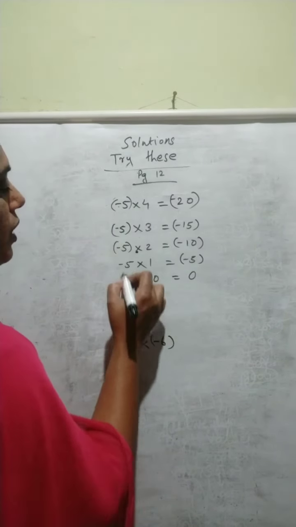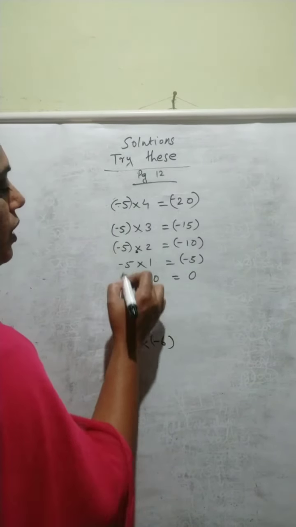Then 5 times 1, 5 itself. Okay. Then next, negative 5 times negative 2. That is positive 10. Negative and negative will be positive. 5 times 2, 10. Next, negative 5 times negative 3. That is positive 15. Then negative 5 times negative 4.